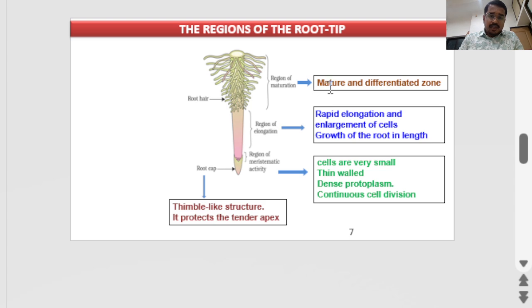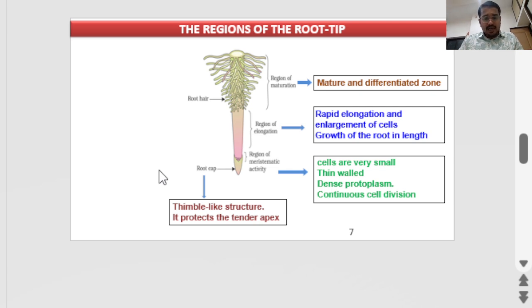In the region of maturation, the cells are matured and differentiated, meaning they are going to perform a specific function. In the region of elongation, the cells show elongation, they become enlarged and contribute to the increase in length of a root. And in the region of meristematic activity, the cells are able to divide and redivide in a continuous manner.